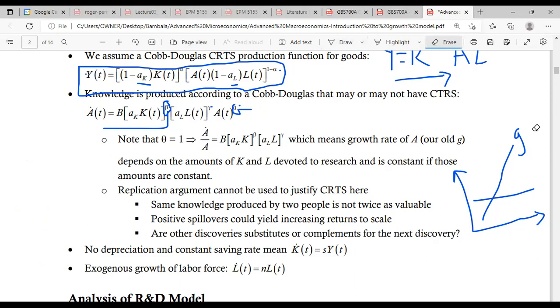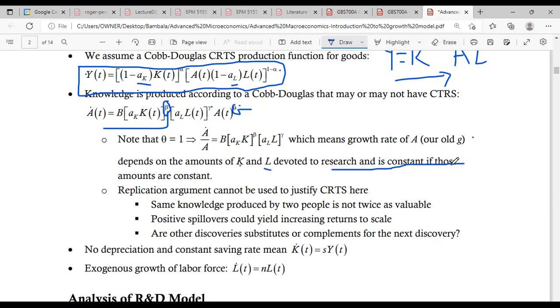All right, so for now I haven't explained this. To come down below, I thought I may just sort of confuse a little bit, but essentially for the growth of knowledge, we are now saying that the rate of our old knowledge, that is the knowledge that we already found in the industry, this G, depends on the amount of capital and labor that has been devoted to research, and is constant if those amounts are also constant.